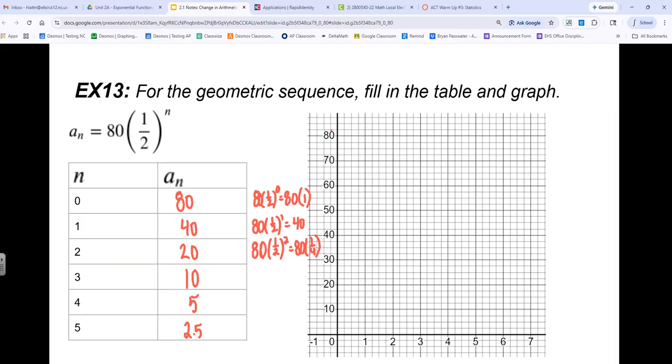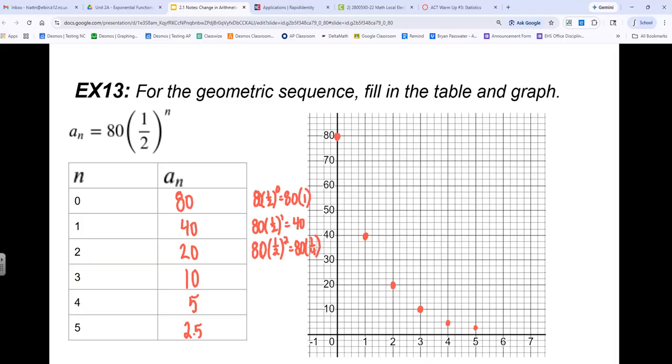So if we graph it, this is what it would look like. I've got 0, 80, 1, 40, 2, 20, 3, 10, 4, 5, and then 5, 2.5. We don't connect anything because this is a sequence, so it's only the dots.